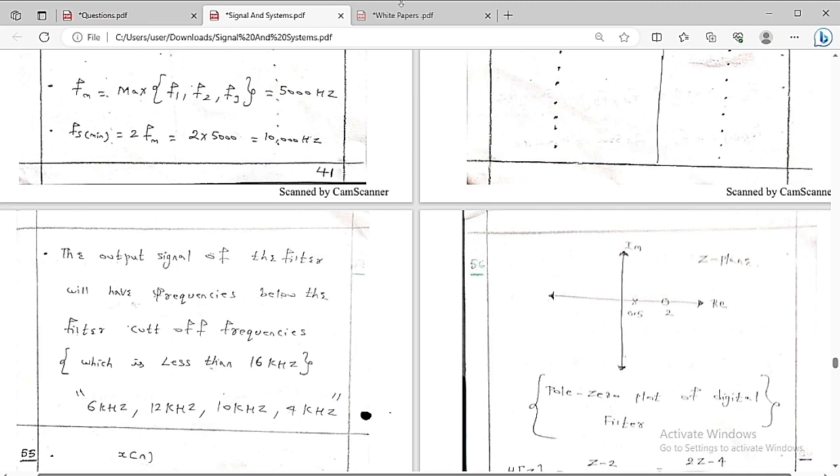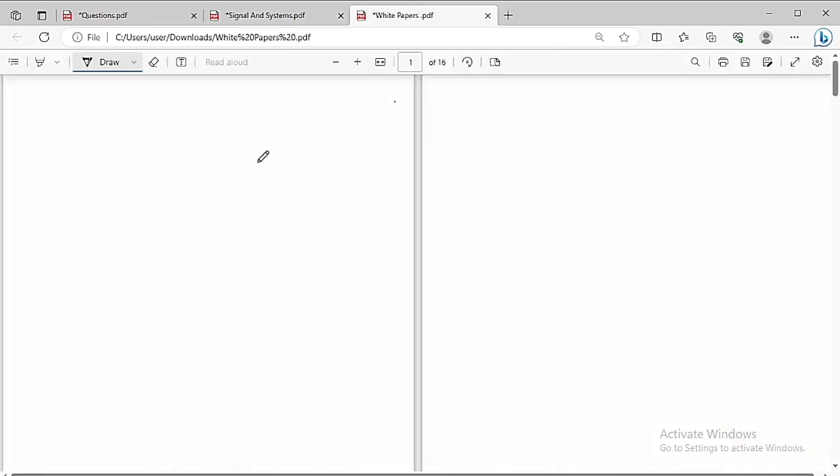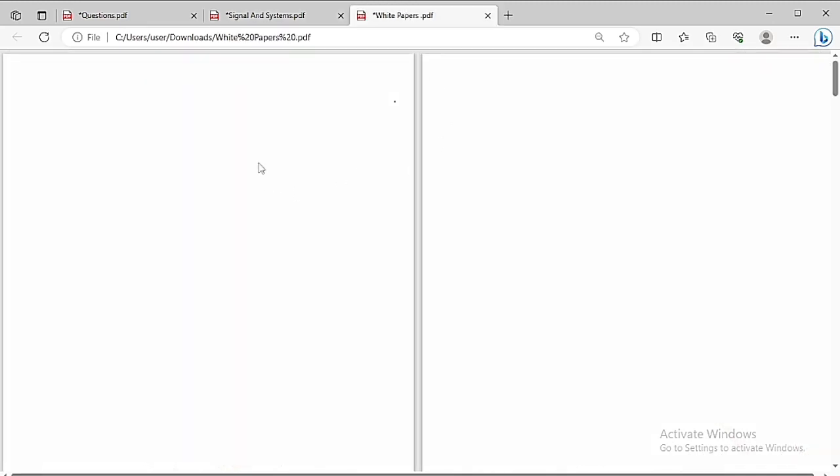So this formula always you have to keep in your mind. What I am trying to tell you is, the sampled signal will have the frequencies Fm, and N into Fs plus or minus Fm. These are the frequencies which are going to be present in the sampled signal, and N goes from 1, 2, 3 and goes on.